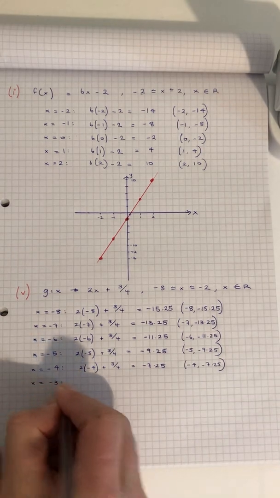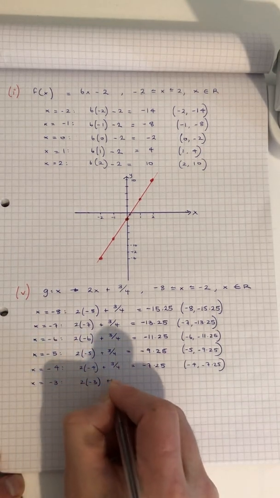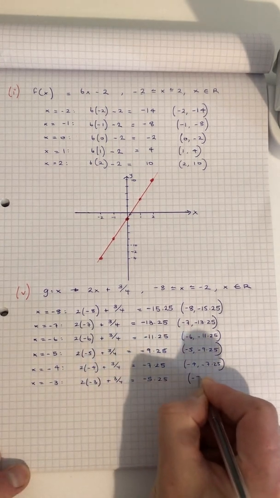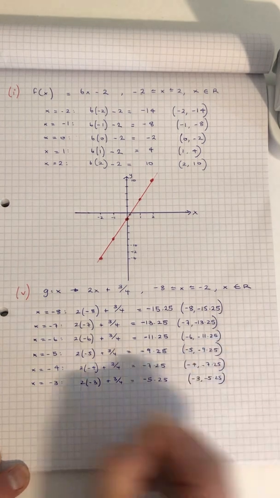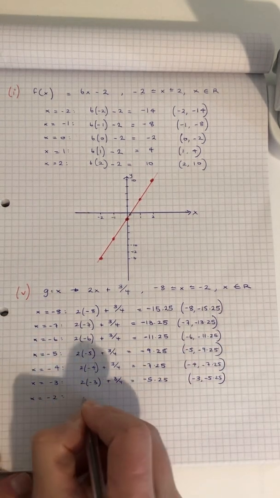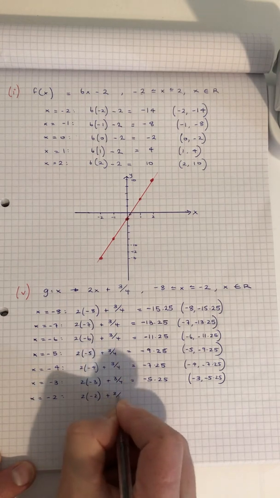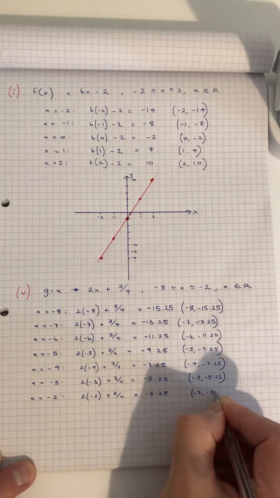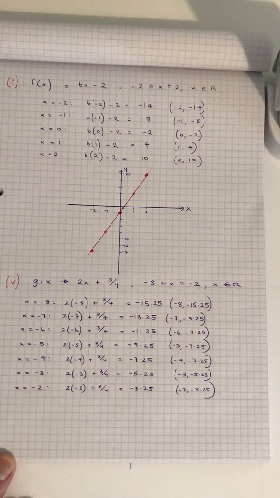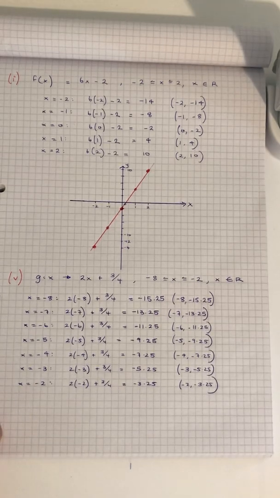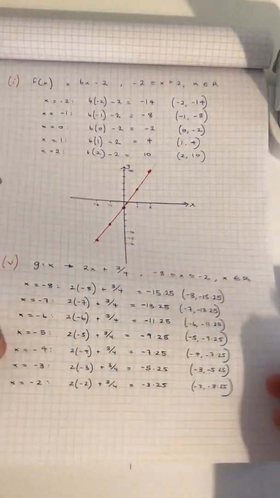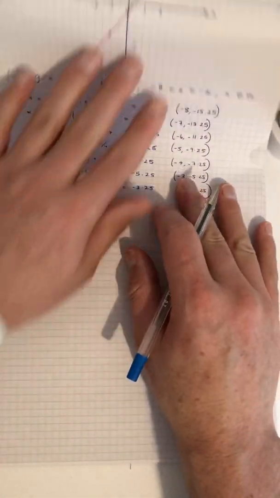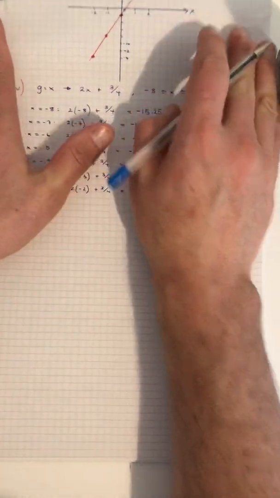Minus 3, so minus 3 minus 5.25 and finally minus 2. Okay, so there's your set of values. And now you want to use that set of values, which I'm just going to shift up to the top of the page here for you, because that's what I'm going to use to draw this graph, okay?